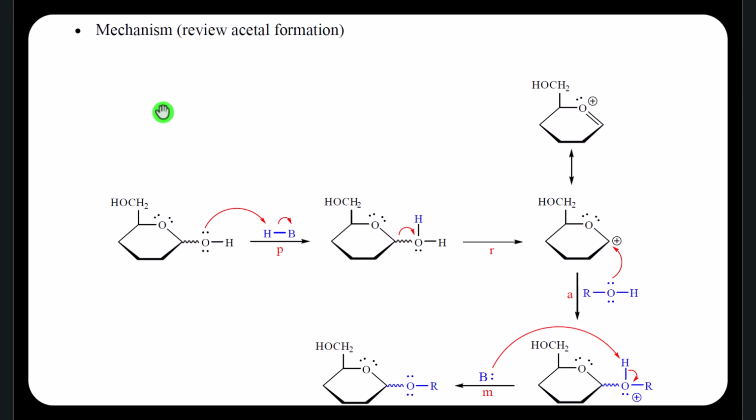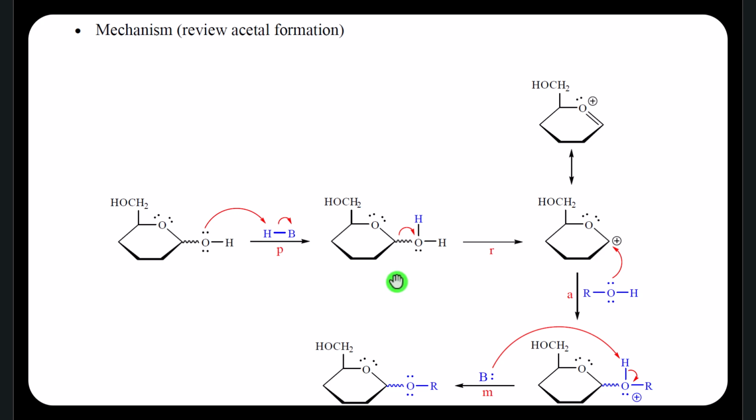But if we looked carefully at that mechanism, the first PAM, protonate, add, make stable, actually led up to the formation of the hemiacetal. When we work with glycosides, we're going to assume the hemiacetal is already formed. Therefore, all we need to do to go from the hemiacetal to the complete glycoside acetal is PRAM. Protonate, remove, add, make stable. So let's look at that.